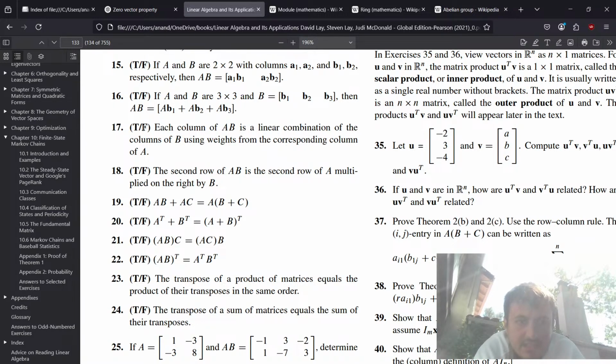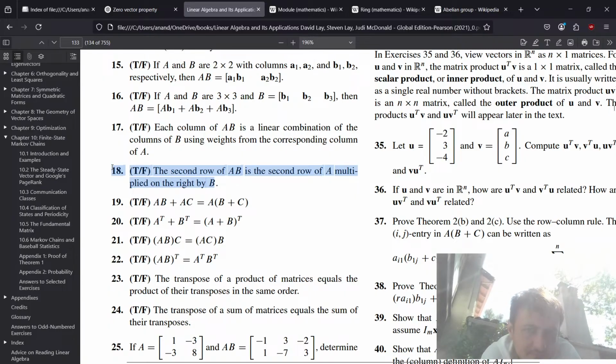Yes, it's a linear combination of the columns of A using weights from B. So they flipped it around. All right, number 18. The second row of A times B. So what are the rows in matrix multiplication?